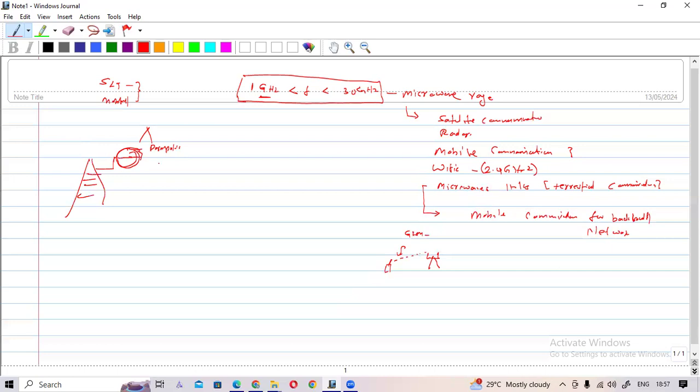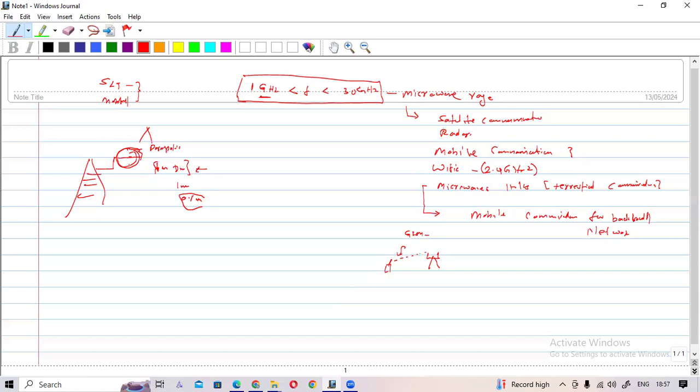These are very big antenna. Maybe around 6 meter diameter antenna are there. These are very huge antenna. 3 meter diameter like this. There are small antenna also. As I can remember, 1 meter diameter, 0.5 meter dish.